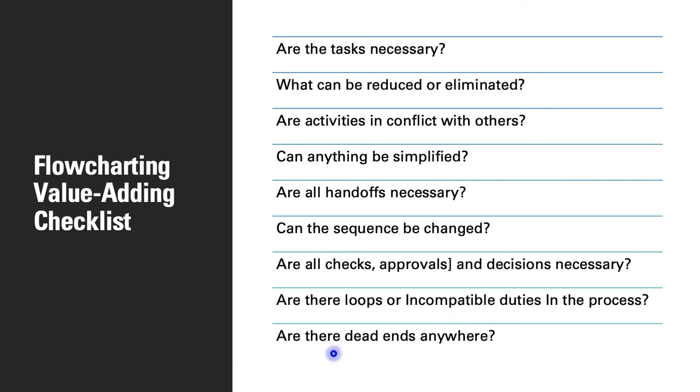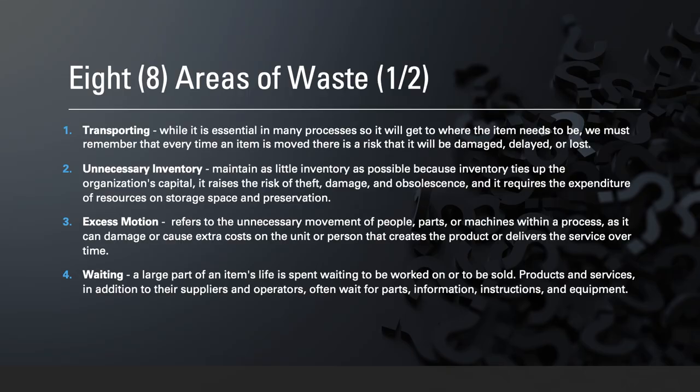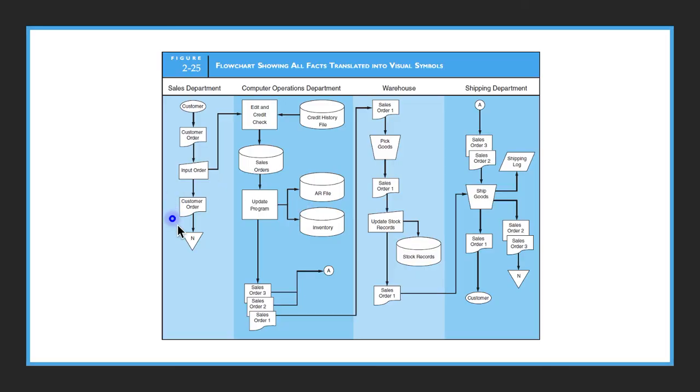Then lastly, are there dead ends anywhere? Baka kasi mamaya yung for example, dito sa process natin, sorry, baka kulang 'to. Remember that, we should have a record on file. Baka kasi mamaya wala tayong customer order na ni-record on file, then that is a dead end. So saan napunta yung customer order? So diretso lang siya kay information system, okey?